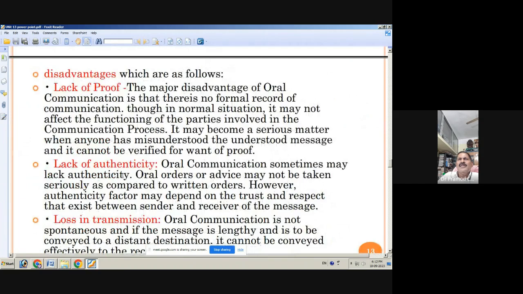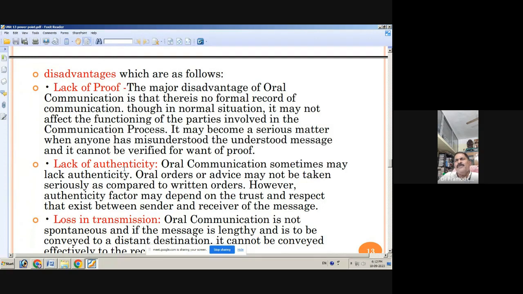But some disadvantages are there. If someone is saying something, then he may tell a lie. In a normal situation, no formal record is maintained in an oral conversation.